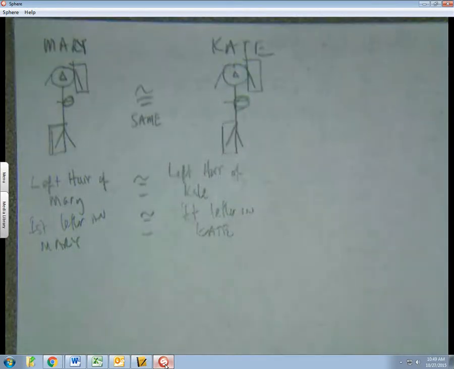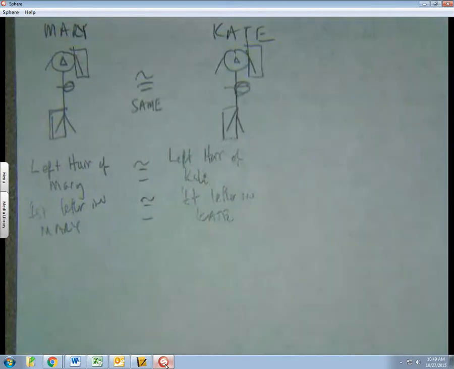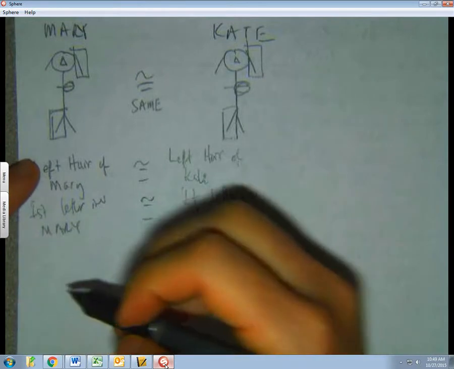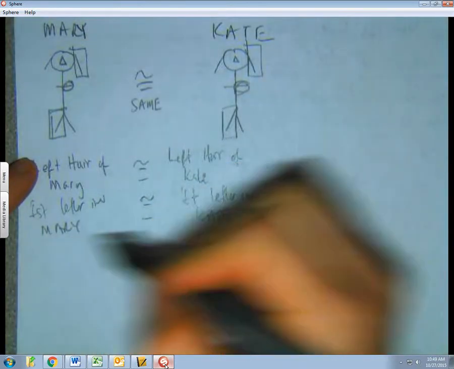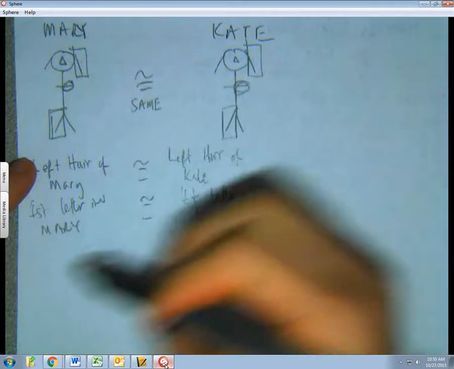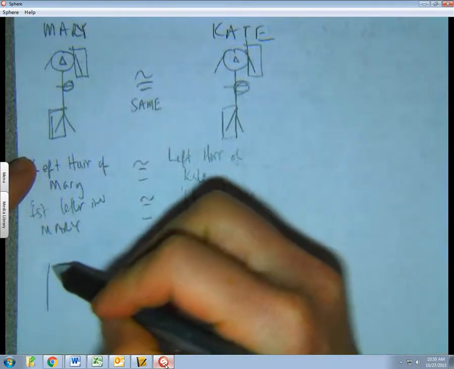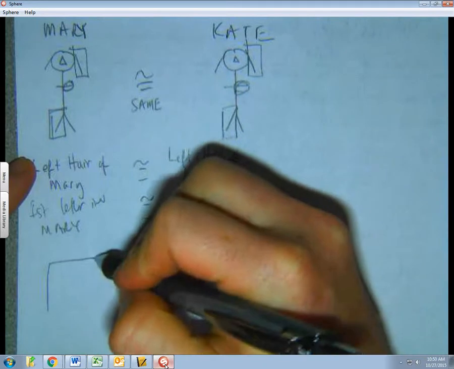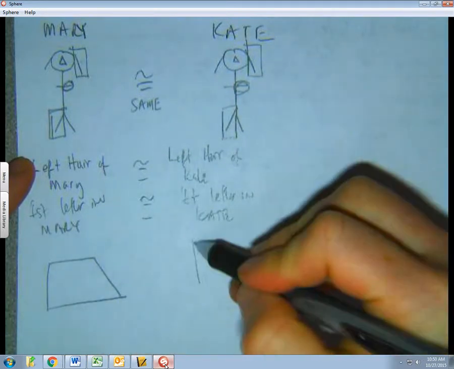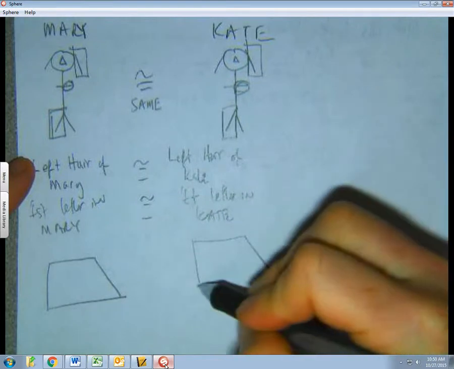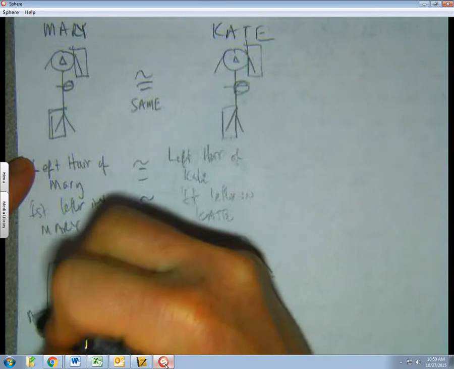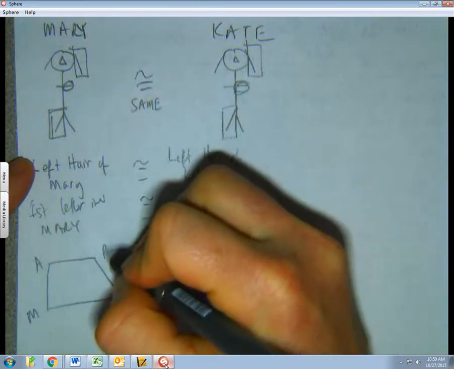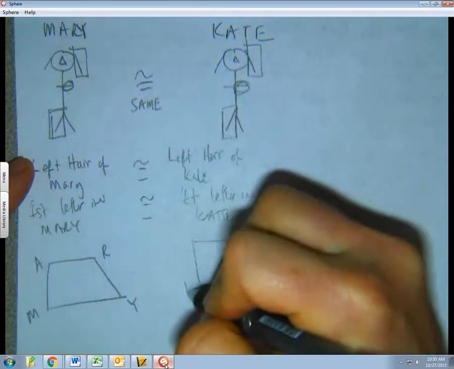So instead of the people, let's draw some polygons. Let's draw polygon Mary, let's draw a polygon Kate. And let's make this simple for now, so we'll draw each of the shapes the same and on the same pitch and with the same slope, and we'll just go M-A-R-Y, K-A-T-E.